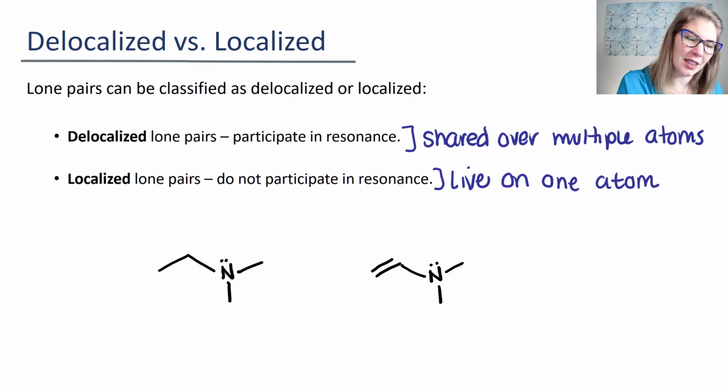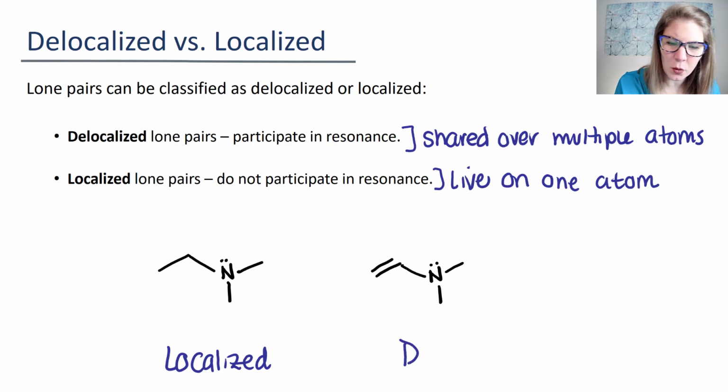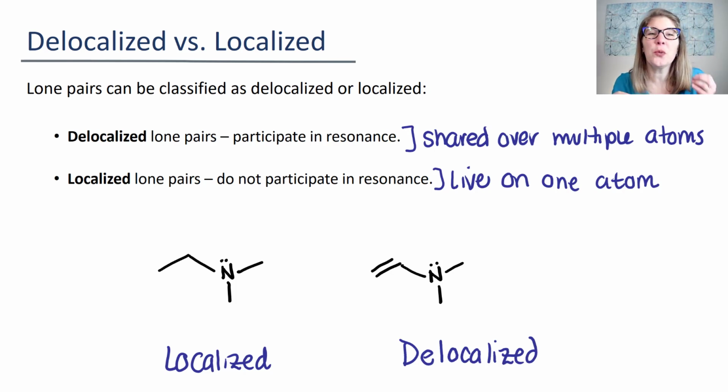In chemistry, this is showing a localized lone pair. And here, this one is delocalized. It is really important that you've had tons of practice with drawing resonance structures so that when you draw the arrows to generate more resonance structures, you're not drawing the arrows wrong.